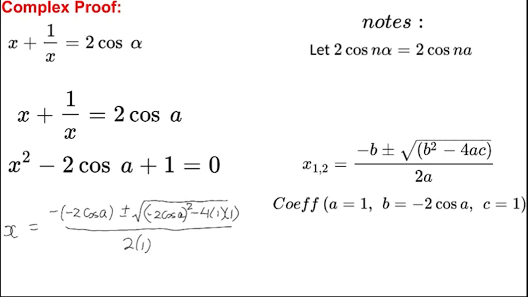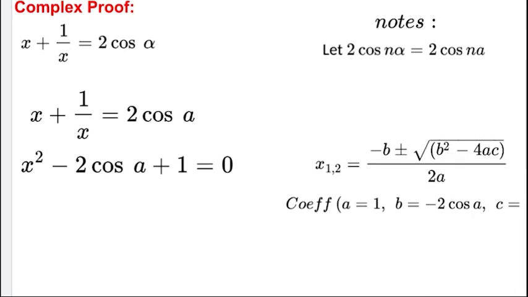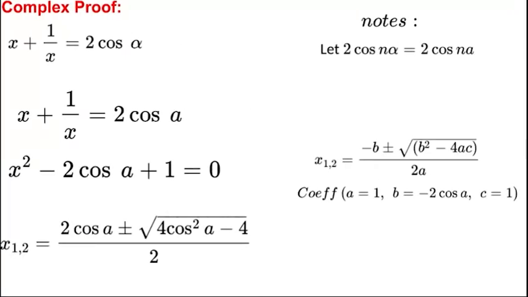Alright, so that looks a bit complicated, but let's simplify and let's see what we can do. Now you can see that if we square the negative 2 cos a, we will get 4 cos squared a. We have 4 by 1 is minus 4, and we have positive 2 cos a now outside.